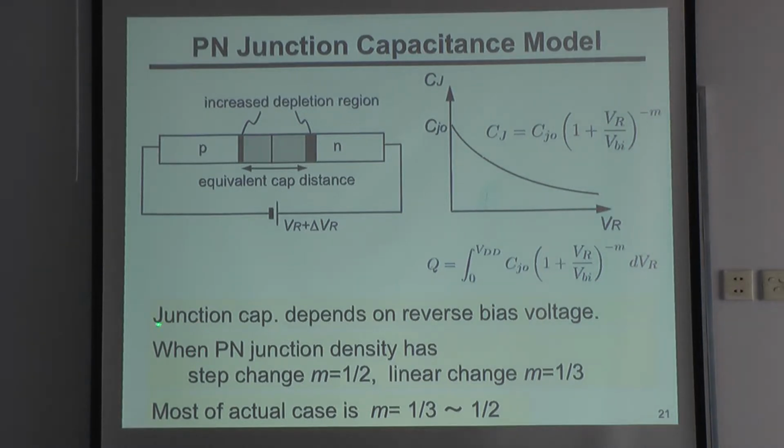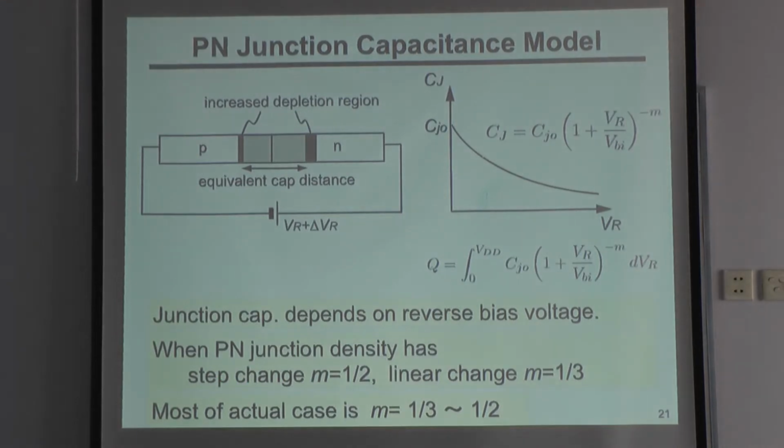Okay, the junction capacitance depends on reverse bias voltage, and this M is decided by how the P region and N region are divided.